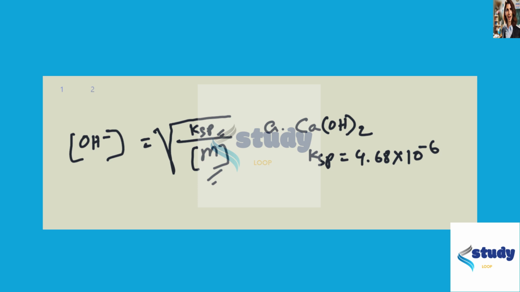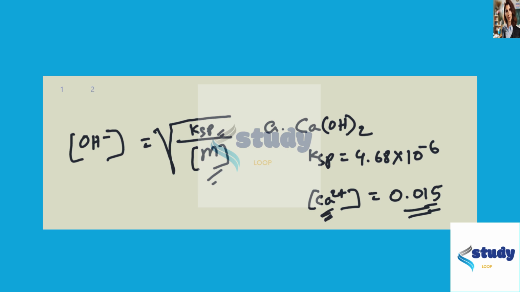And the concentration of Ca2 plus, or the metal ion here, is basically the concentration of the solution, which is 0.015 molar. This is the concentration of the calcium chloride we are reacting with, and since from each calcium chloride we will have one calcium ion, the concentration of the calcium chloride is the concentration of the calcium ion here.